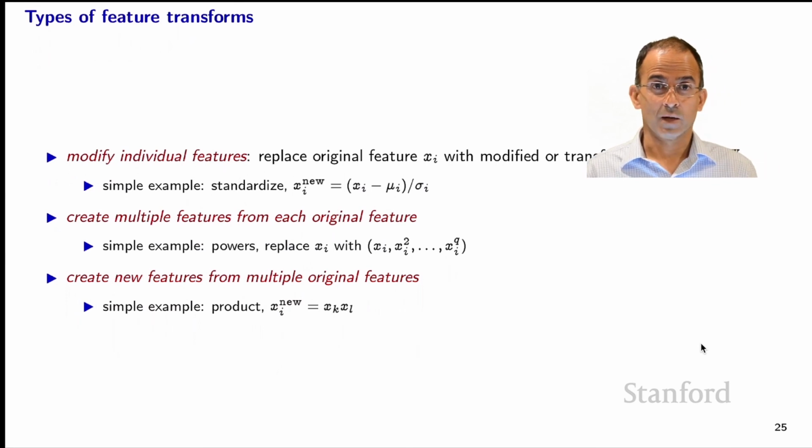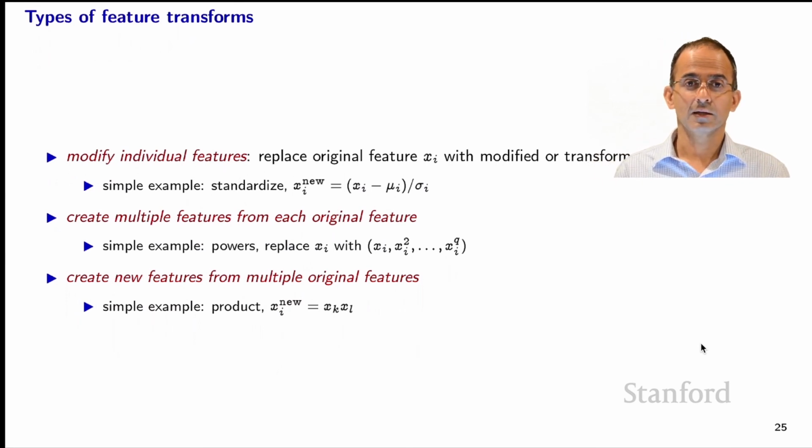That's the powers example: we take xi and replace it with xi squared, xi cubed, and so on. Another thing you can do is take more than one feature and combine them together to create new features. For example, you can take two features, say x1 and x2, and create a new feature which is the product of x1 and x2.